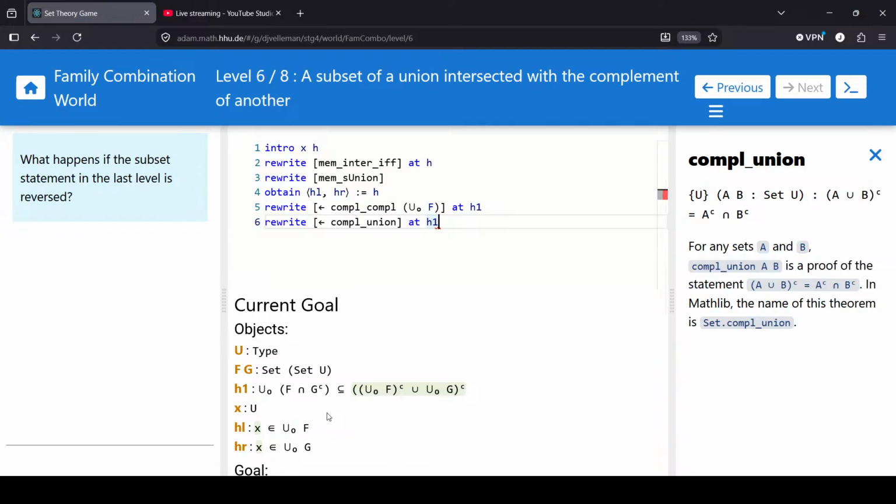This says that X is in F and X is in G. Like, it's in the union of F and it's in the union of G. So how could I possibly prove that it's in the union of F intersect G complement?